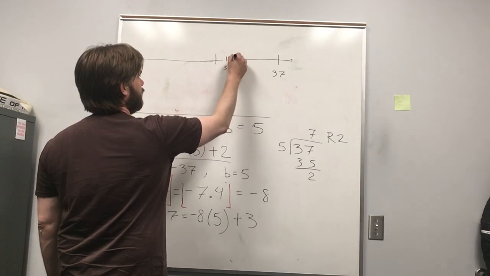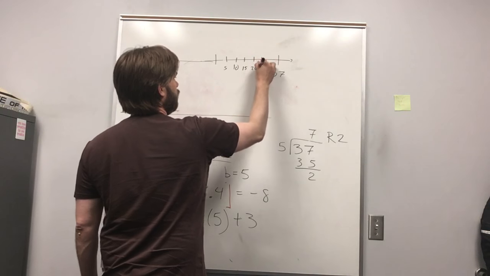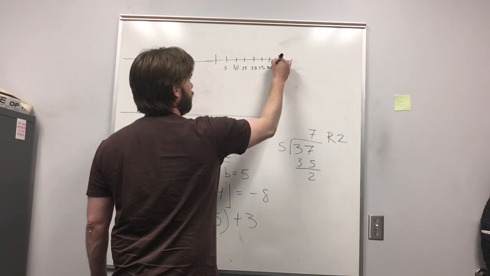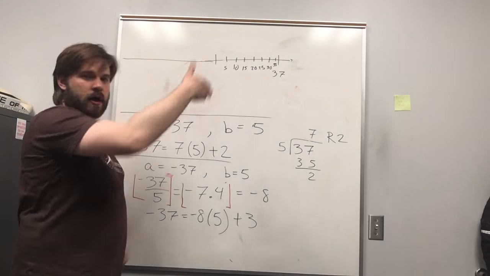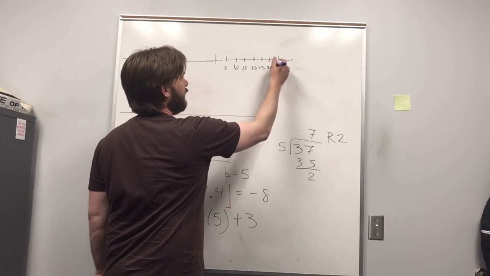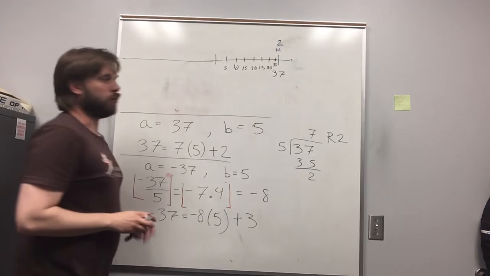So 5, 10, 15, 20, 25, 30, 35. And you go everything you can up until that, and then you would add that last 2.